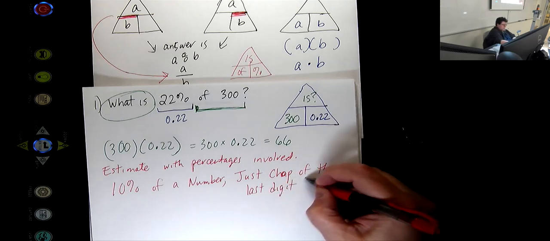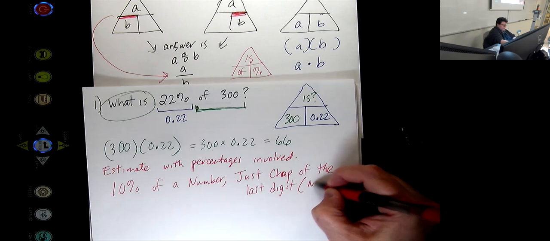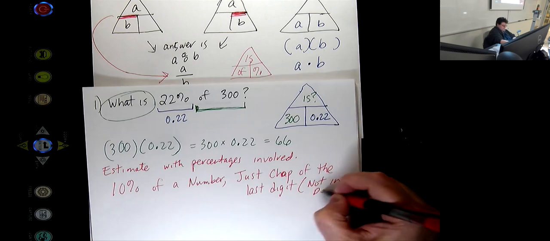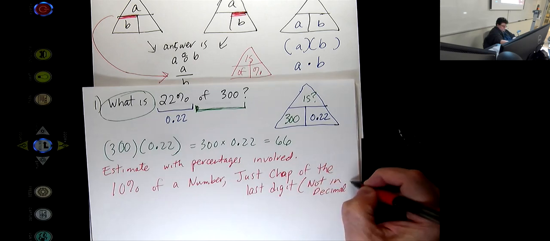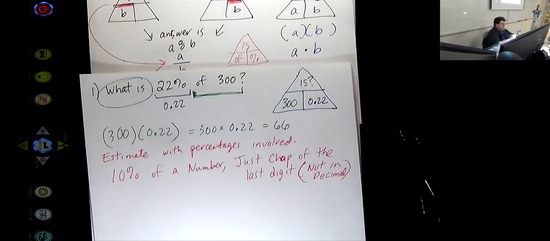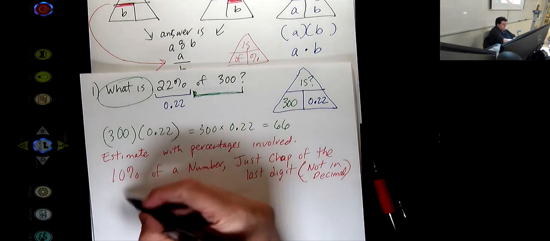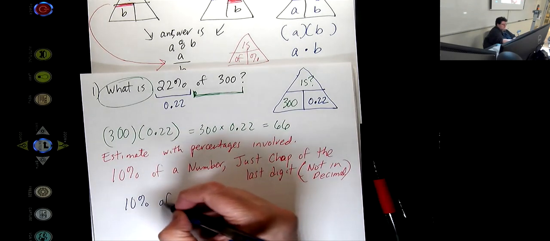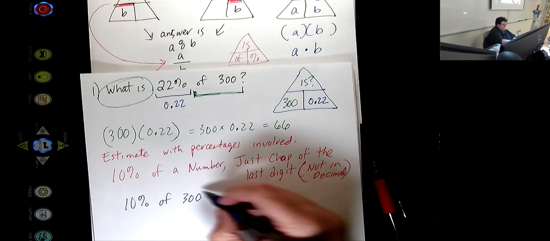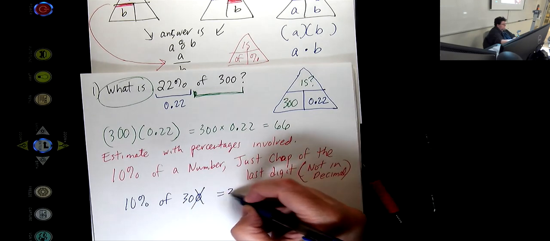And I got that not in the decimal. That's important. So like 10% of 300, I'm gonna lop off that last number and it's 30.